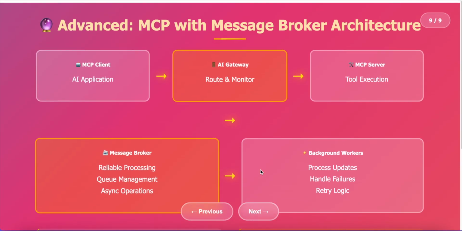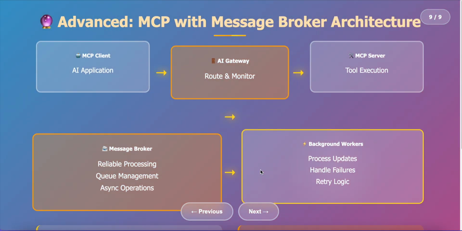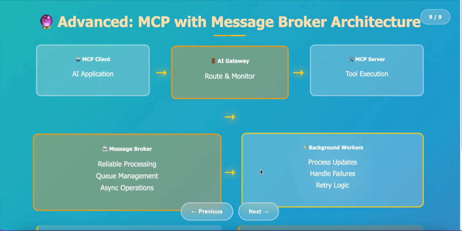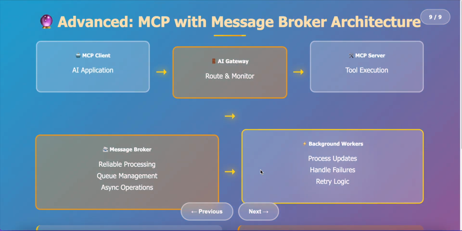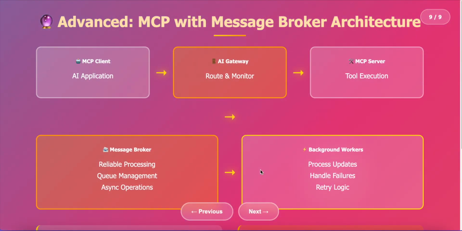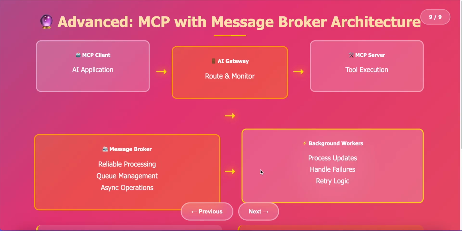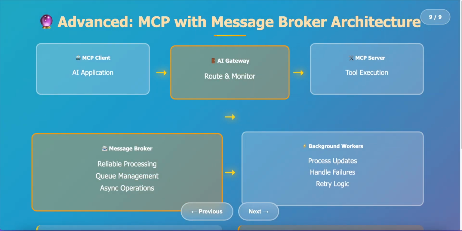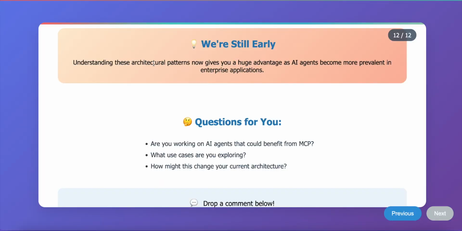Hopefully that will become something where we can have IAM and all those kinds of integrations with MCP servers, and it will grow. There are a lot of discussions going on, and as we speak, we are still early, but understanding these architecture patterns now gives us a huge advantage as AI agents become more prevalent in enterprise applications.